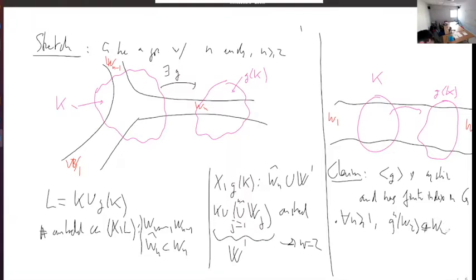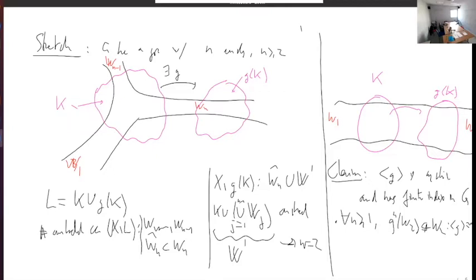So this means that g cannot have finite order. So this means that the group generated by g is indeed infinite cyclic.